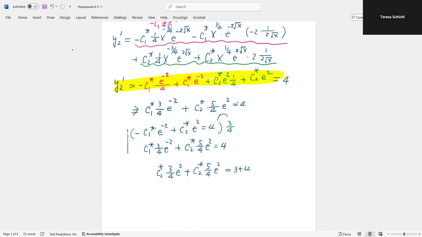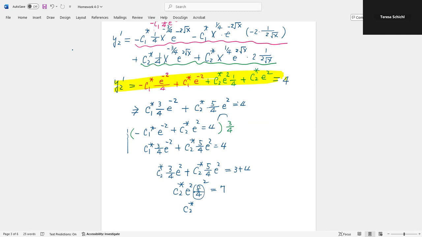Okay, so now I can set C2 star e^2 times 3/4 plus 5/4. Pretty good, it's 8/4. 8/4 is 2, right? So this is 2 and is equal to 7. So what is my C2 star?